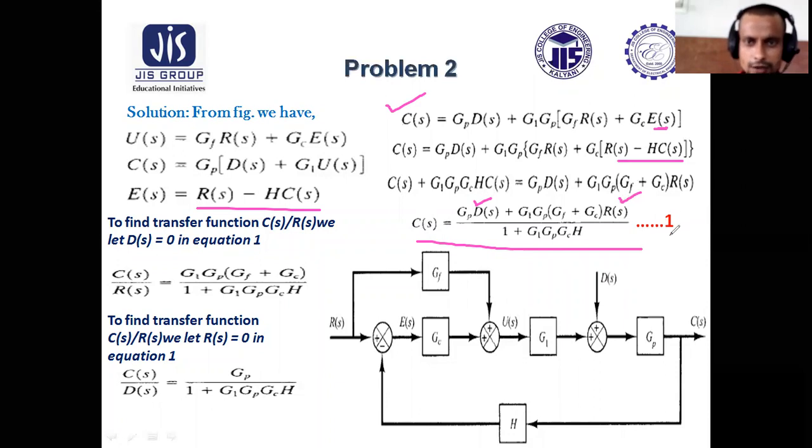Now from this equation, if you want to get one transfer function CS by RS, as I said, while getting transfer function for RS input, make other input DS as 0. So as we are making DS input as 0, so here in equation 1, while finding CS by RS, make DS as 0. So by making DS 0, this term will become 0. So CS by RS will be G1 GP into GF plus GC divided by this.